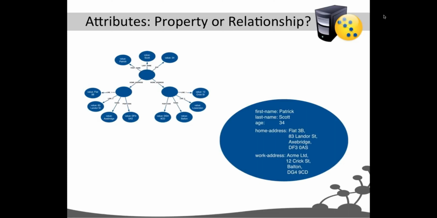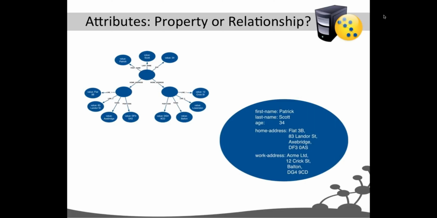Now, we can do this in Neo4j, but we're neglecting some of the power that the labeled property graph model gives us. We're neglecting the fact that we can attach more than one property to a node. We can chunk properties up and create a record-like structure that brings together a set of properties that help represent an attribute. So we're effectively neglecting the property part of the labeled property graph model when we're building something such as the diagram at the top left.